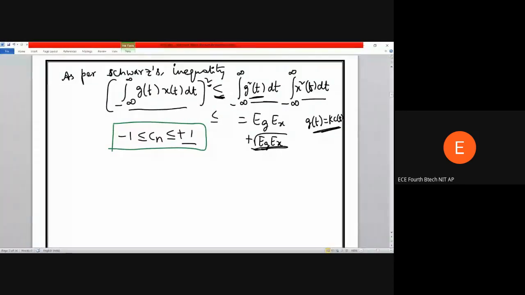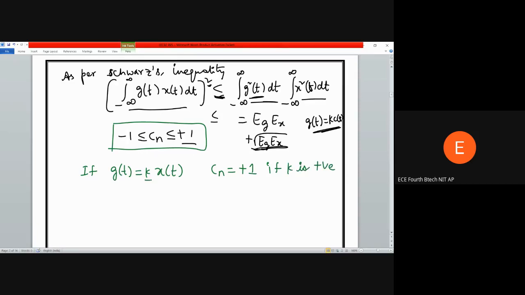Let me use this thing. So if g of t is equal to k into x of t, you will be having Cn value 1 if k is positive.